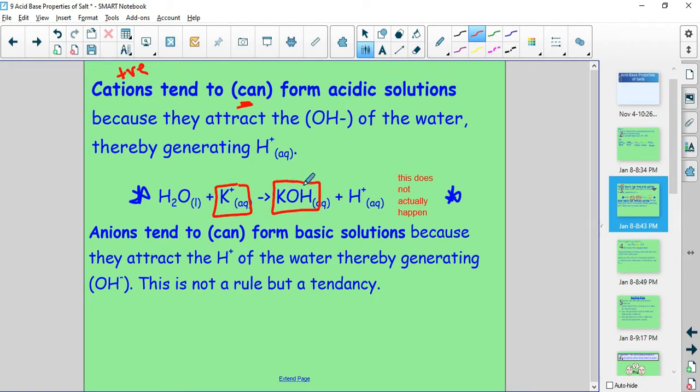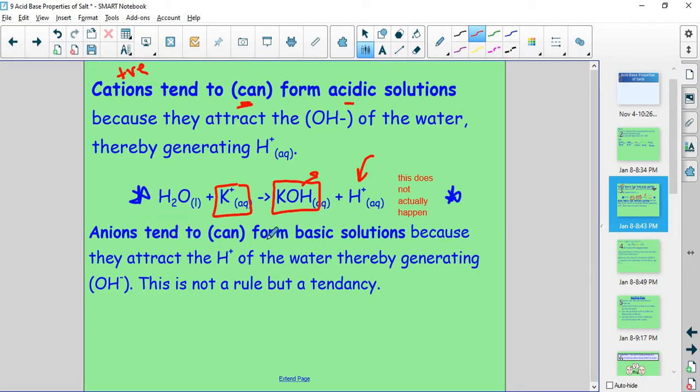And assuming this is not going to completely ionize, what we're left with is an acidic ion, a proton, a hydrogen. Because of this tendency for a positive cation to attract hydroxide from water, aided by water self-ionization, it can produce a hydrogen ion. So it can act as an acidic solution. It has that potential.